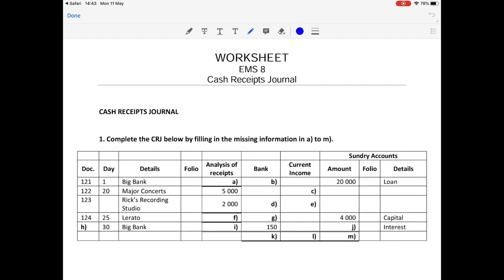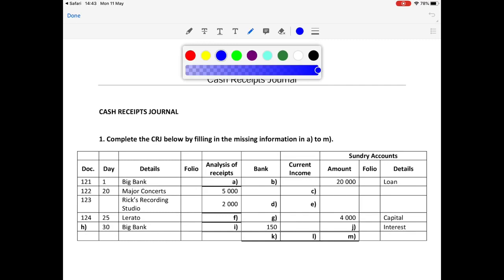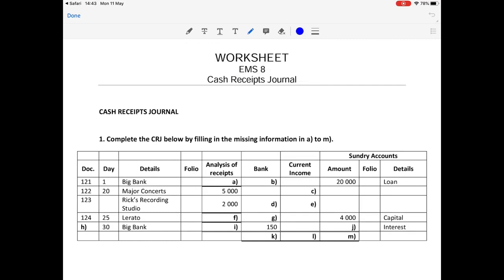And it's all got to do with the fact that your cash receipts journal records each transaction twice. Remember in my first video, I explained to you that if you draw an imaginary line to the right of the bank column, you can split your cash receipts journal into two.